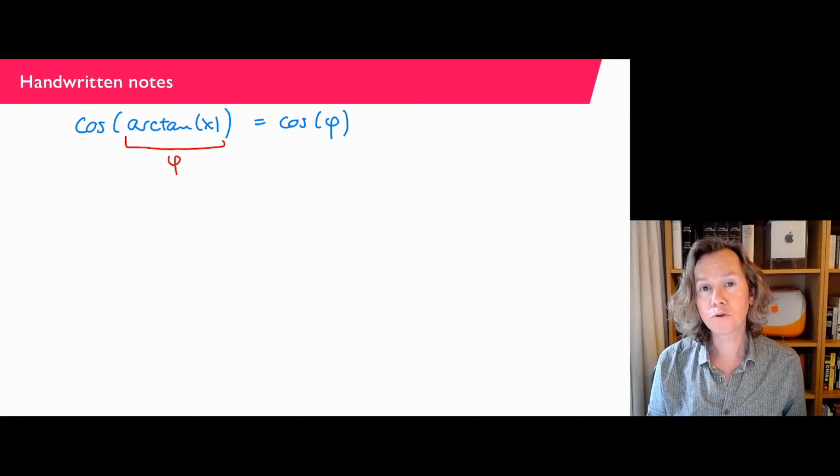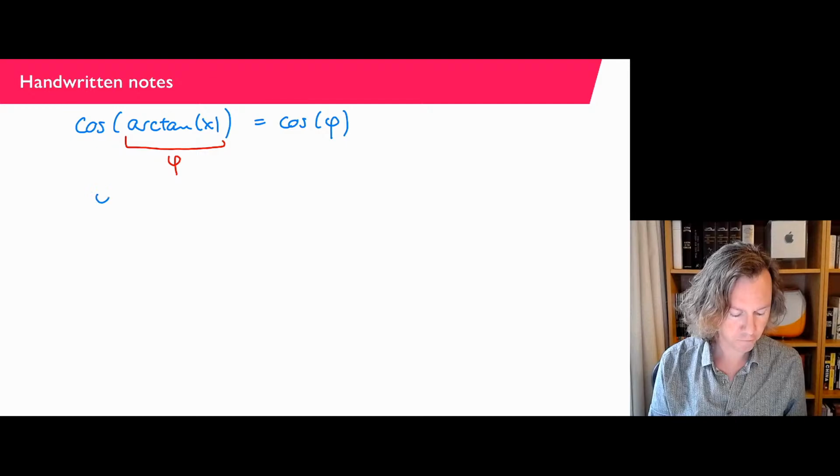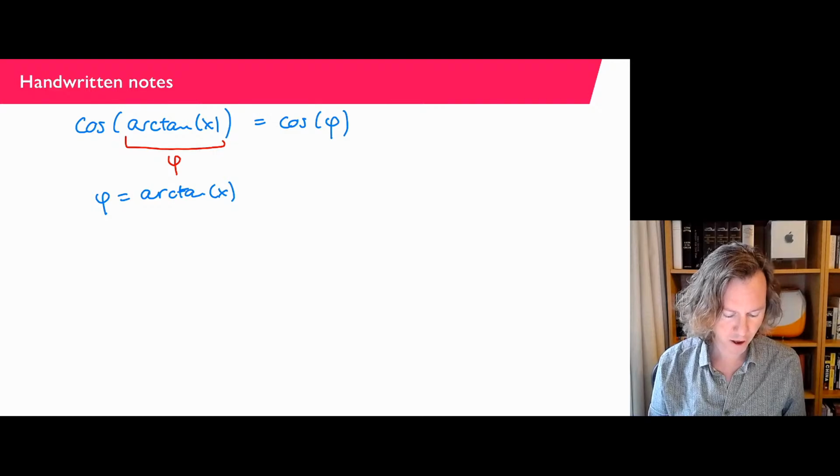But the way I introduced phi here is that phi is apparently equal to the arctangent of x. And as we have seen, that means that the tangent of phi equals x.